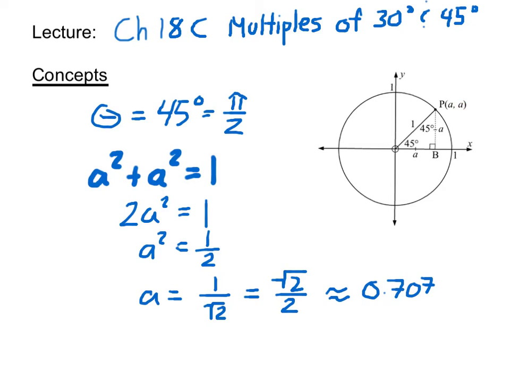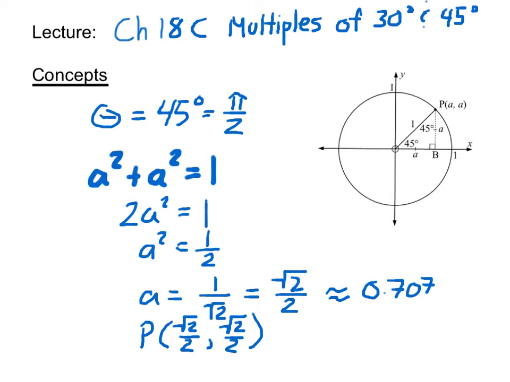Therefore, the coordinates for the point that corresponds to a 45-degree angle are square root 2 over 2 and square root 2 over 2. And notice that I'm only using the positives here because cosine and sine are both positive in the first quadrant, and we learned that in the last section.